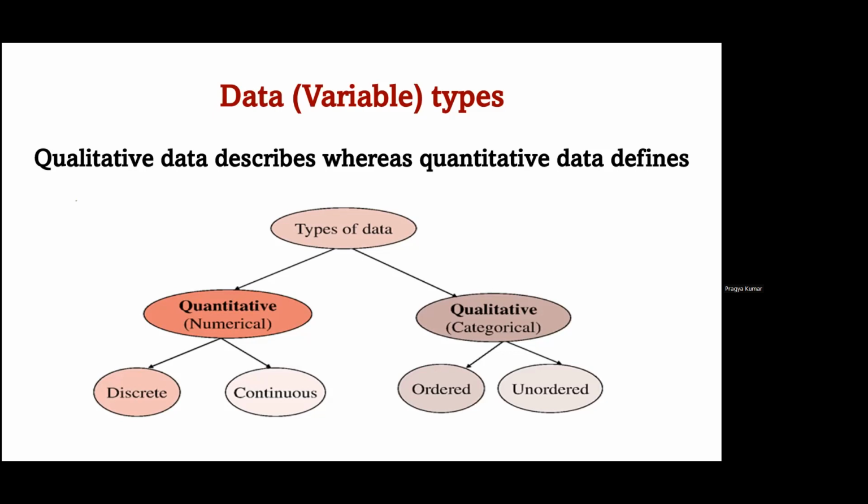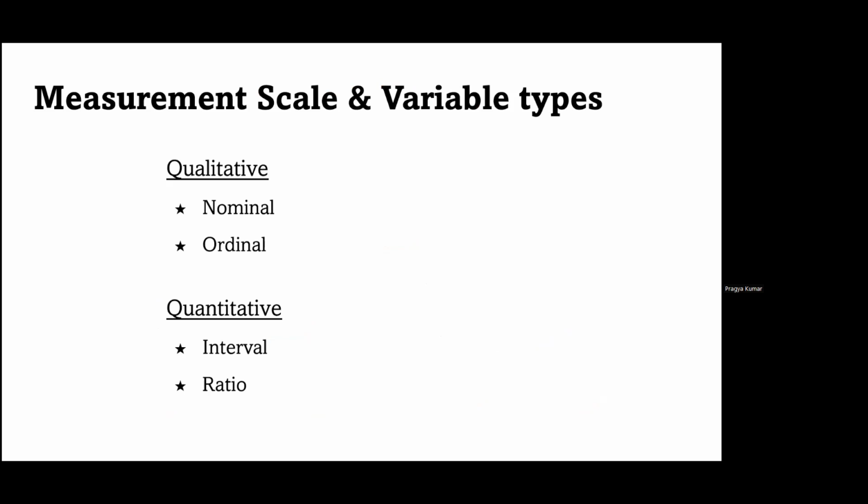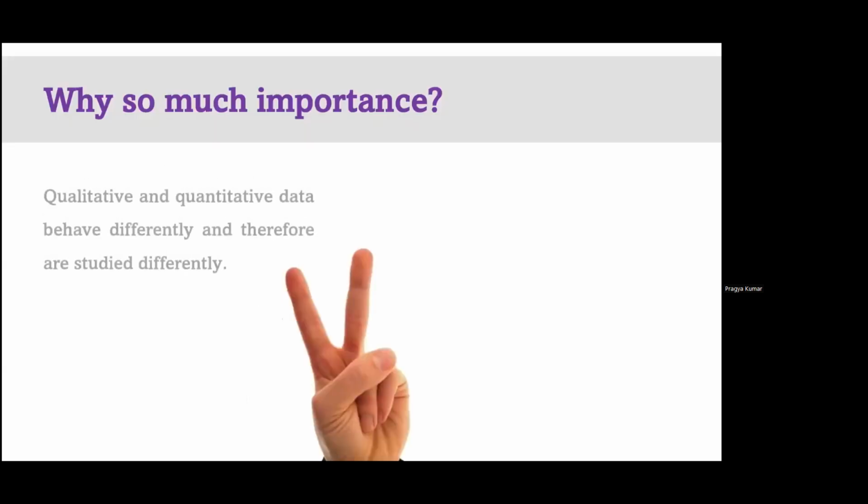In qualitative, we can have ordered and unordered, that is, nominal and ordinal. Ordinal has a middle value. It can go into the quantitative also if your scale levels are more than 5. We will discuss this later, but ordinal can be treated as quantitative or qualitative depending on your research objective.